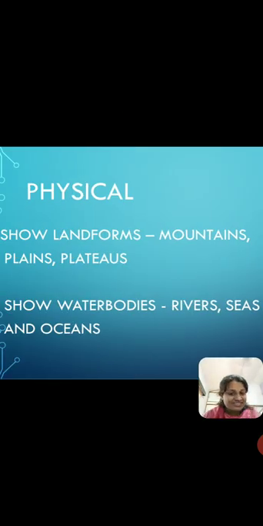All right, so now what is the next type of map that I had talked about? The physical maps. All right, now like I have written up on screen, please write it down and make a note of it and learn it. All right, so physical maps show landforms, mountains, plains, plateaus, and they also show water bodies like rivers, seas, and oceans.